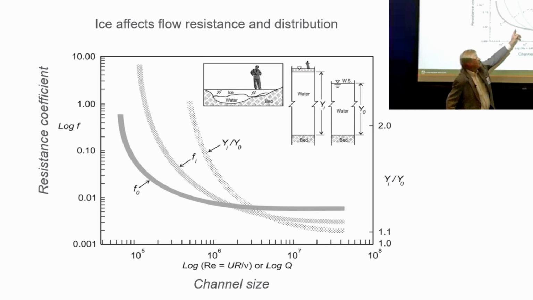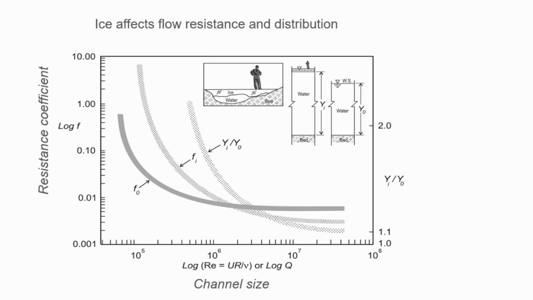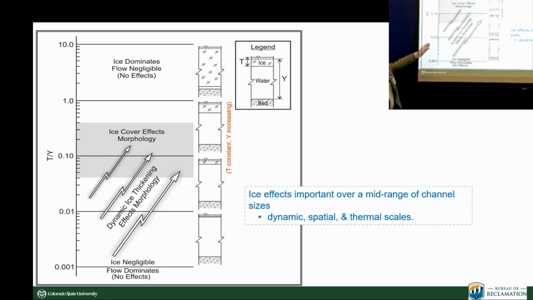As I indicated in the sketches here, you can get a sense of how the resistance to channel flow changes when an ice cover forms. Also in this figure here, T is the ice cover thickness, Y is the water depth, and you can look at the scale here: ice dominates, water dominates here.